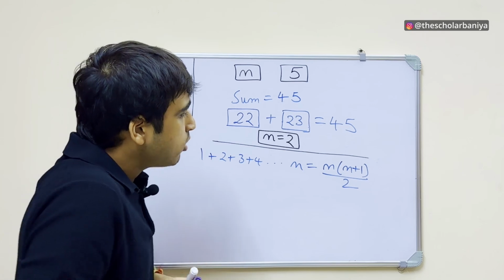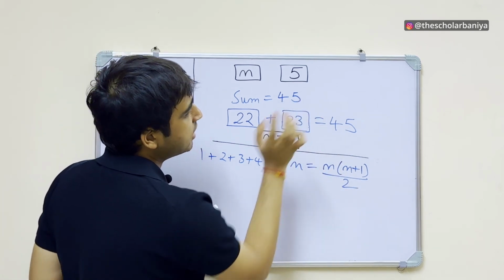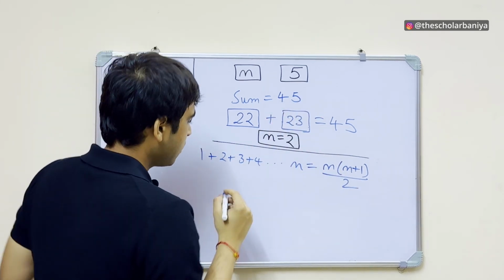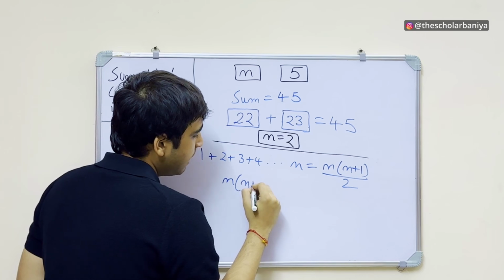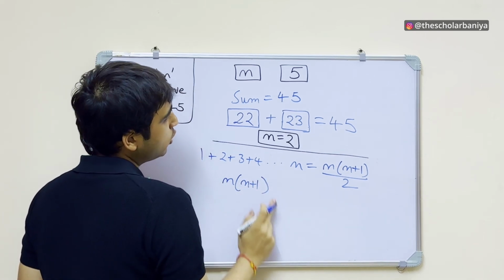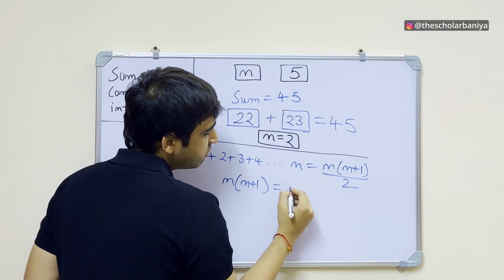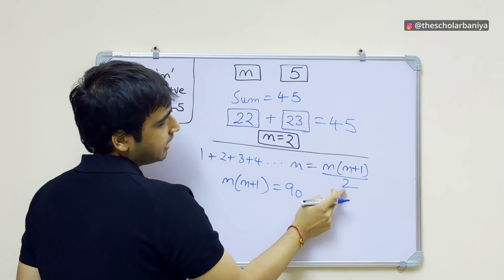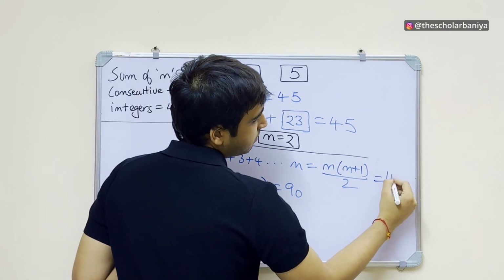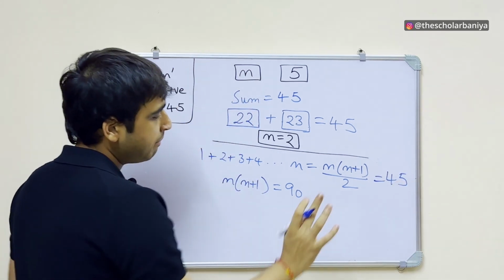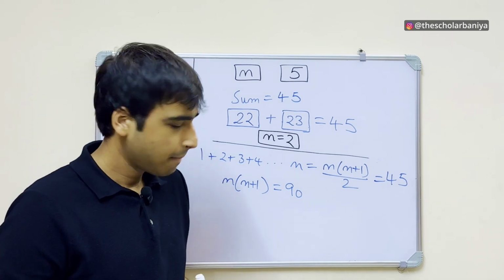So let's suppose n into n plus 1 upon 2 is equal to 45. So n into n plus 1 will become 90, right?